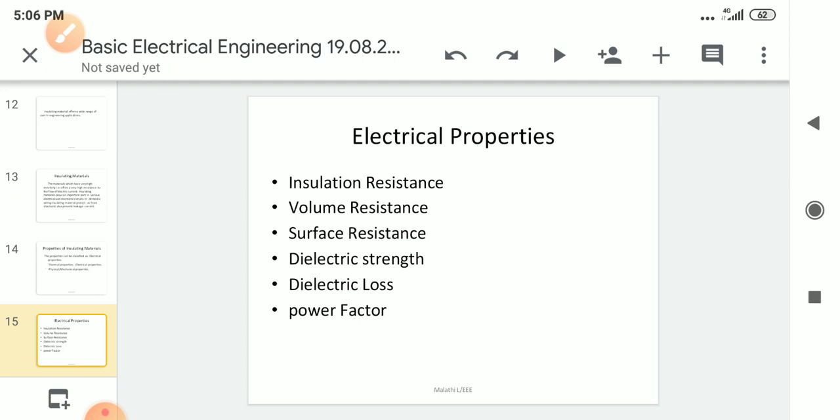In these electrical properties, we are going to study the insulation resistance, volume resistance, surface resistance, dielectric strength, dielectric loss, power factor. These are some of the various electrical properties of insulating material.